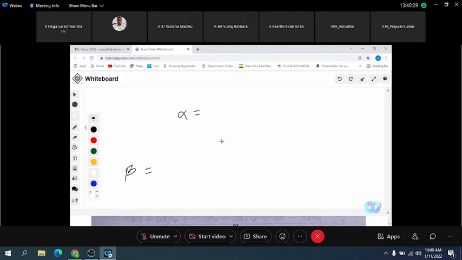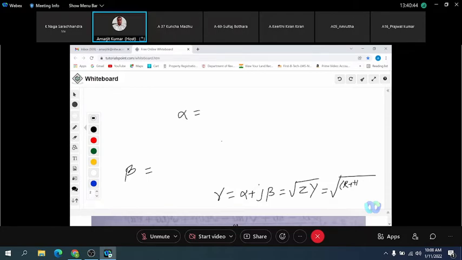We had calculated alpha and beta from this equation: gamma is equal to alpha plus j beta is equal to the square root of Z into Y, which is the square root of (R plus j omega L) into (G plus j omega C). From this equation we had calculated alpha and beta in terms of frequency and the primary constants of the line.